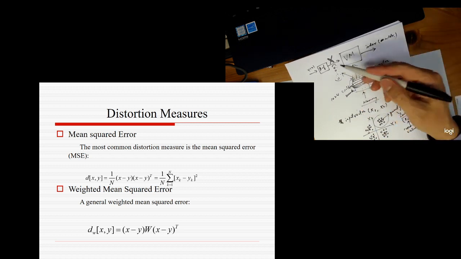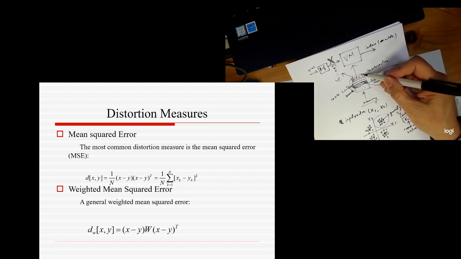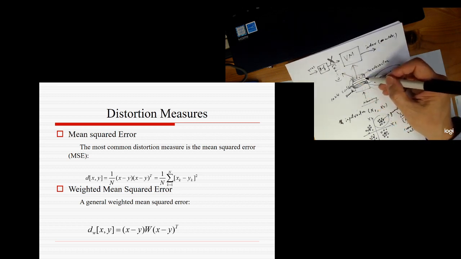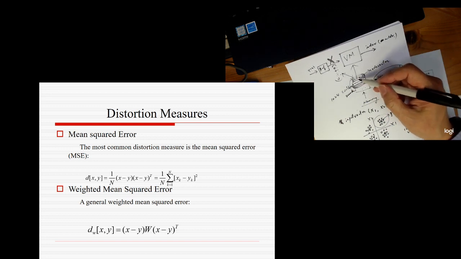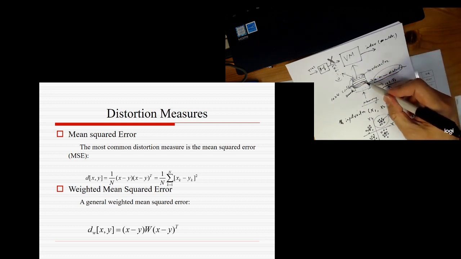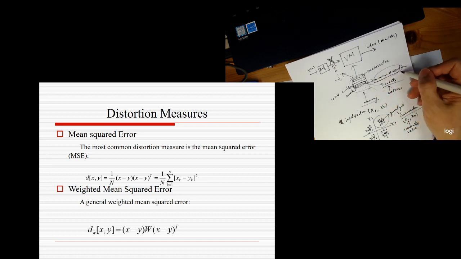The first code vector calculates distortion, then the input vector is compared with code vector 2, and so on, calculating distortion against all the code vectors. Try to find which vector is the winner. That winner has the minimal distortion.